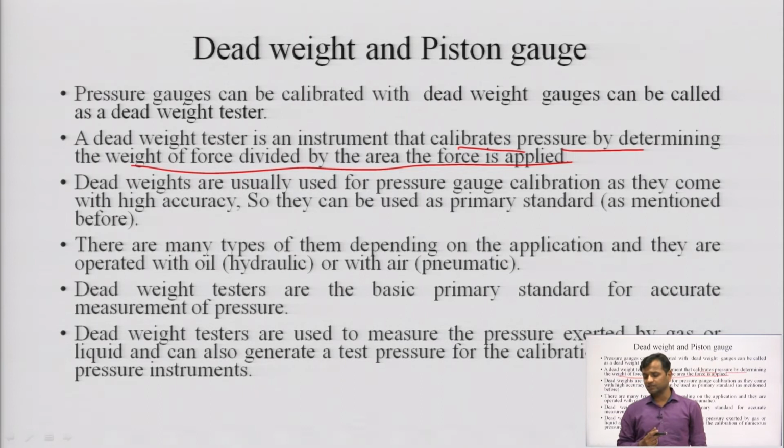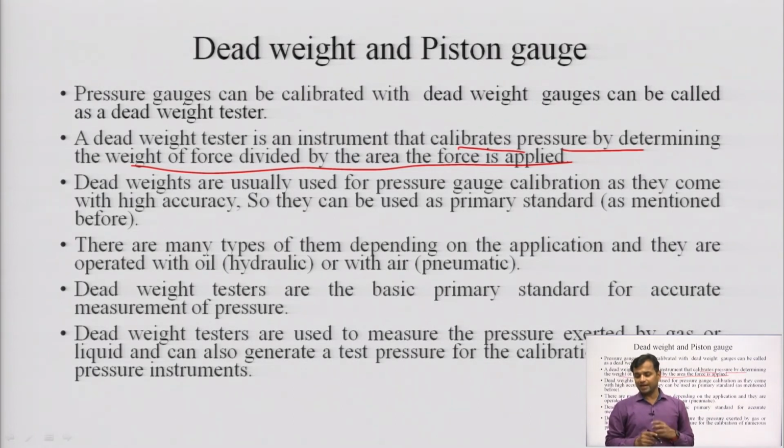Dead weights are usually used for pressure gauge calibration, as they come with high accuracy. The accuracy of dead weight gauges is very high. Also, there are many types of them depending on the application. Dead weight testers are the basic primary standard for accurate measurement of pressure.